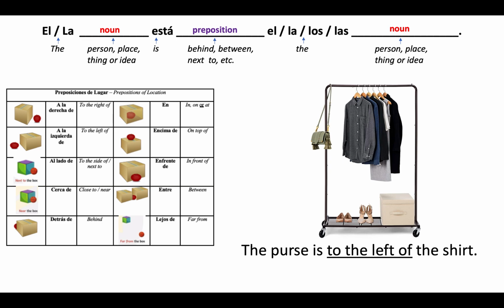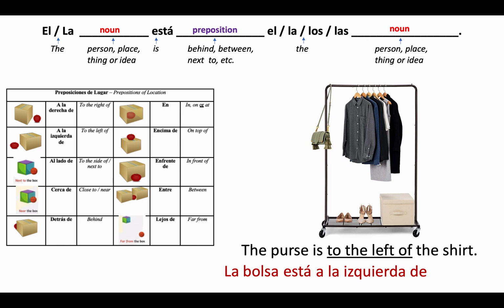Okay, let's break this apart. The purse. If we think back from our last trimester, we might remember that the word for the purse is la bolsa. We're going to use the word is, está, that prepositional phrase to the left of, a la izquierda de.